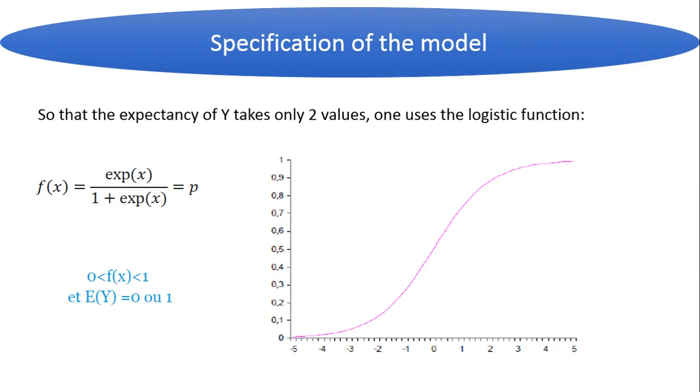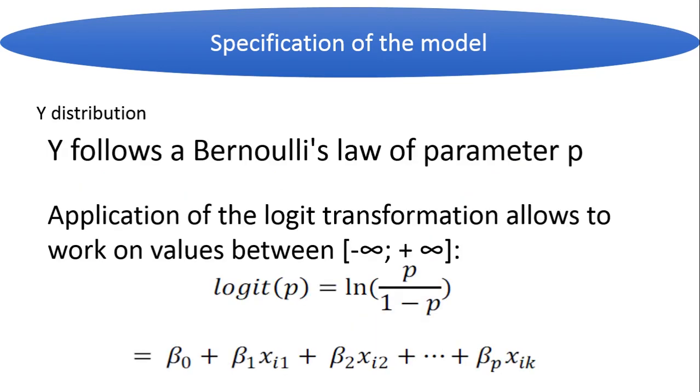The expectancy is between 0 and 1. So we can use the logistic function defined as so in order to model the probability of occurrence of our phenomenon that only has two possible realizations.